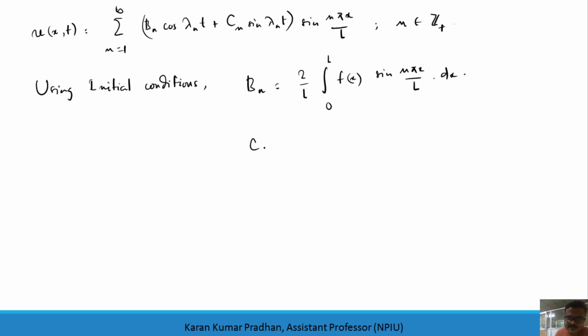Similarly C_n will be 2 by n pi c, integral from 0 to L, of the function we have taken for the initial velocity g, times sin n pi x by L. These are called the Fourier coefficients, and this is the Fourier series solution of the wave equation, or the hyperbolic PDE.